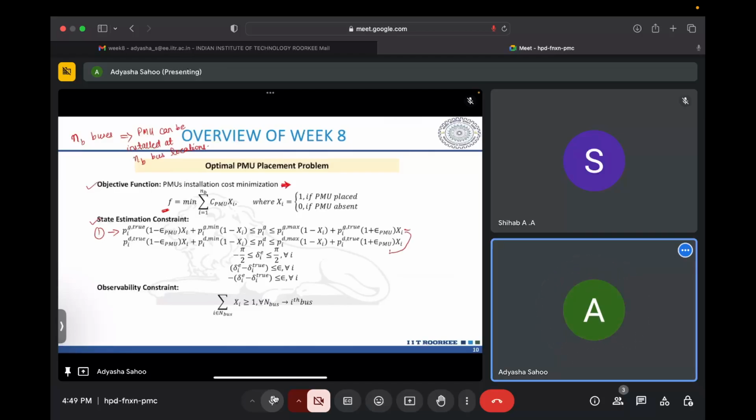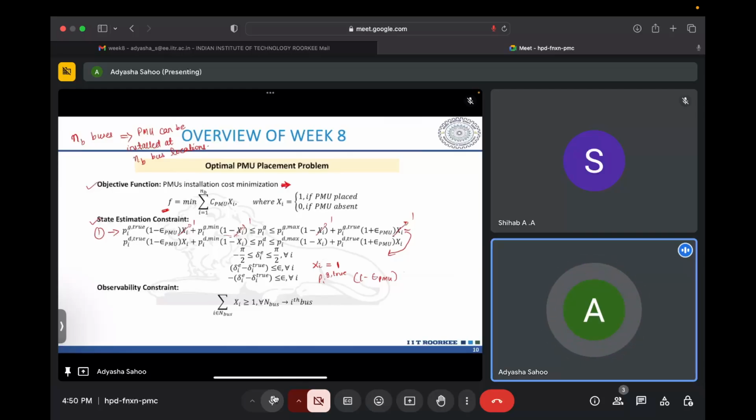Let's say if xi is 1, then what will happen to this constraint? So this will be 1, this will be 1, this is 1, and this is 1. So this constraint will be reduced to Pij true times 1 minus epsilon times PMU, and this will basically be 0. 1 minus 1 will be 0.